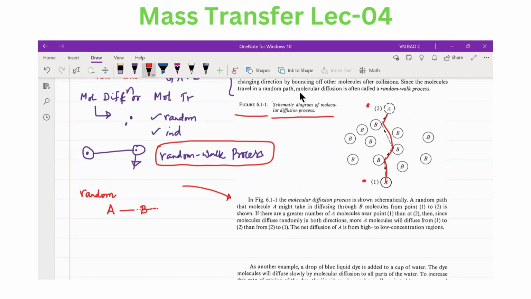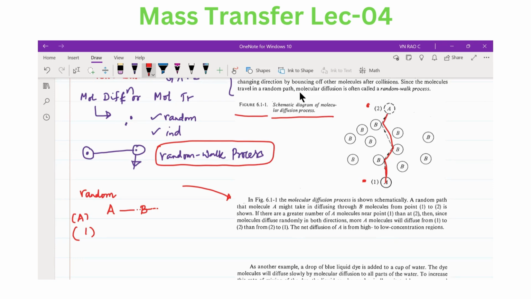Suppose near point 1 there are a greater number of A molecules. Since the molecules diffuse randomly in both directions, molecules will diffuse from 1 to 2, then 2 to 1, like that.